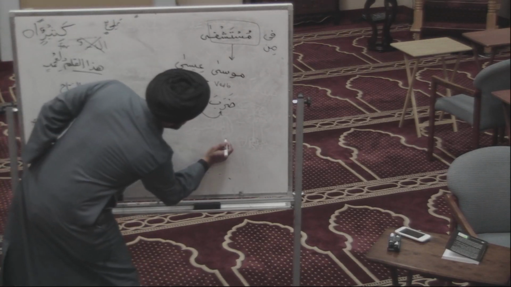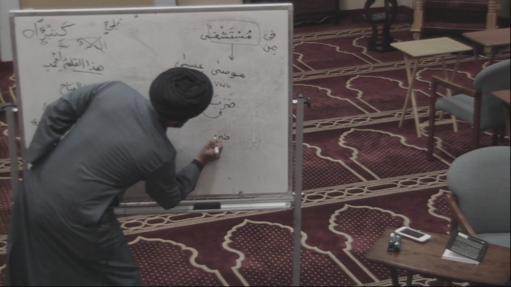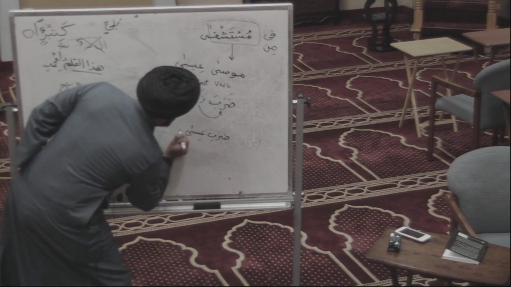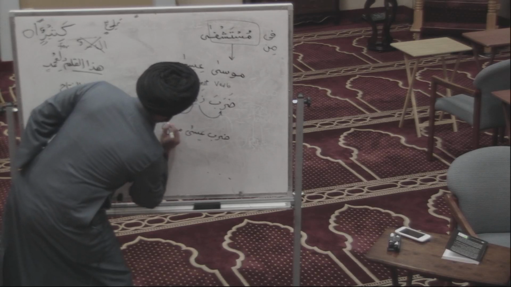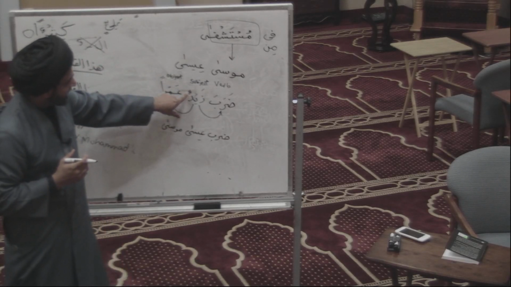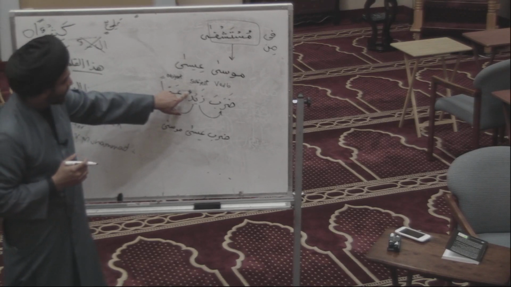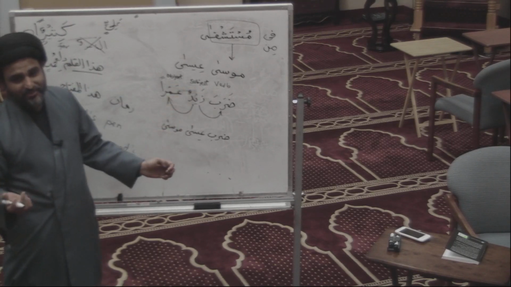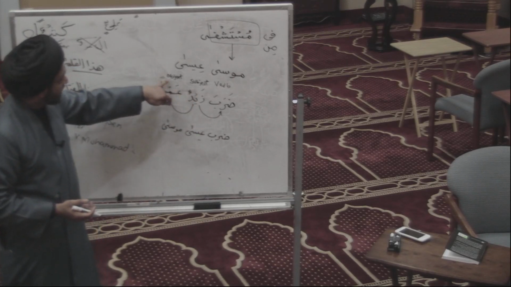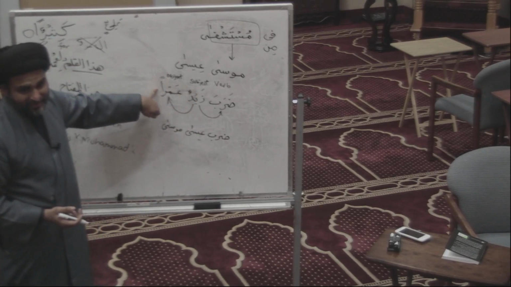If I was to write Daraba Isa Musa. Here, Zaydun, because it had dun on it, told you that it is the subject, because subject is always in the state of dhamma, marfu, and object is always in the state of fatha.